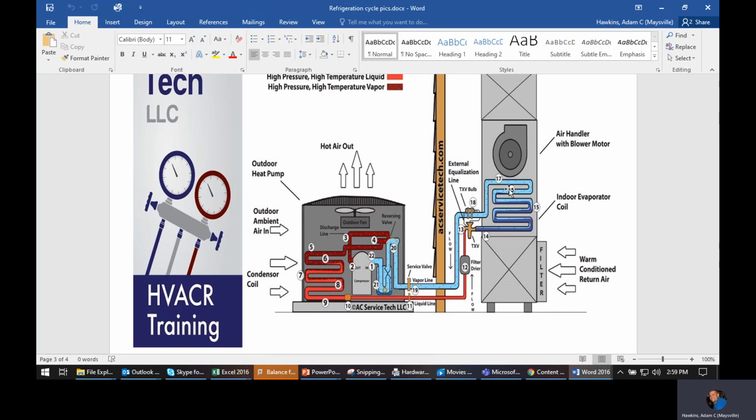In order to take it out, I'll give you some instructions on how to do this in class, but really all you're going to do is hook a recovery cylinder up to the liquid line, open up the liquid line port and the yellow center port, and let the system push so much of that refrigerant out of the liquid line into the tank. So you're not going to use a recovery machine or anything like that. We're just going to let the system push some of it out, and then we're going to put it back in and maybe overcharge it just a little bit and see how that reacts.